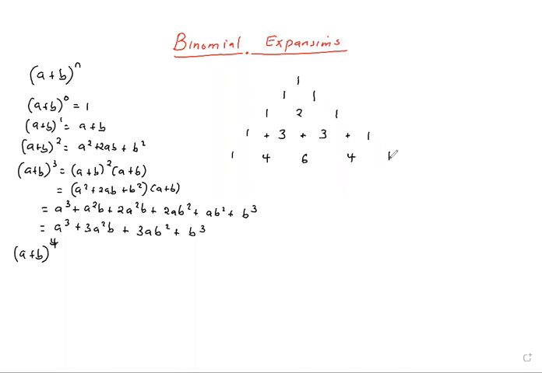If we wanted to understand what A plus B to the power 5 could be, we'll just come back to the triangle here and say 1 plus 4, 5, 4 plus 6, 10, 6 plus 4, 10, 4 plus 1, 5, and another 1 on that side.